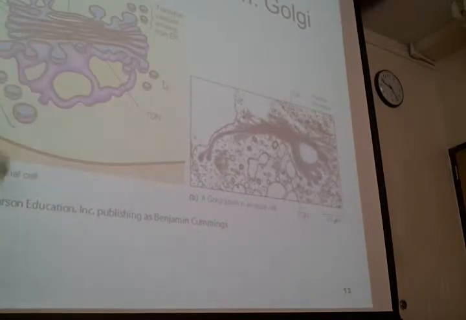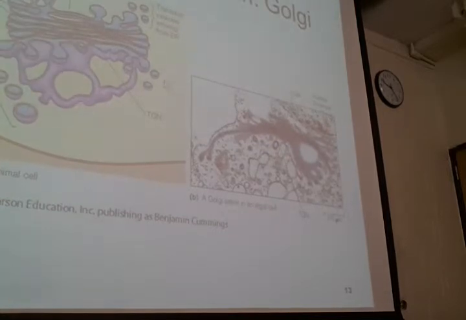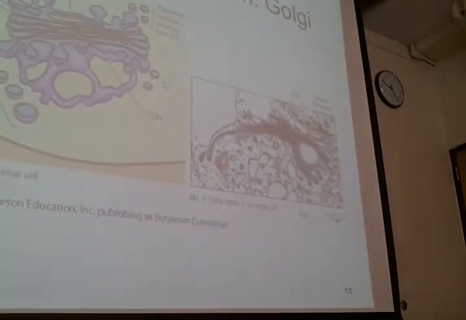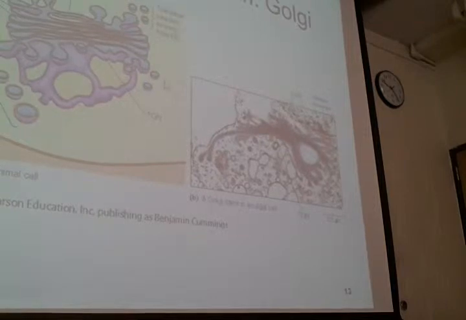It goes by several names. But they're sort of a stack of little pancake-shaped structures that are called cisternae. I'm just going to draw them sort of simply here. You can see the shapes are more complex, but I'm just going to draw them kind of simply here. There's some good evidence that these things are sort of attached together.